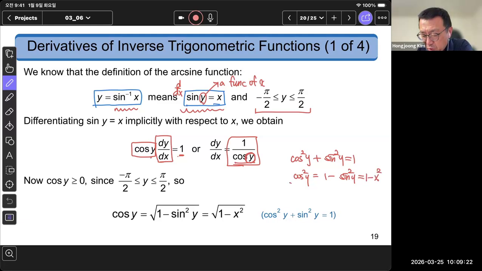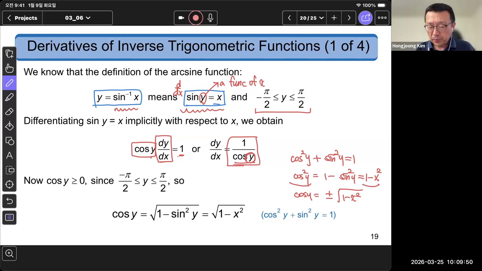So cosine y squared will be 1 minus x squared. Okay, now that means cosine y will be plus or minus square root of 1 minus x squared, right? So I have two possibilities, plus square root of 1 minus x squared or minus square root of 1 minus x squared.